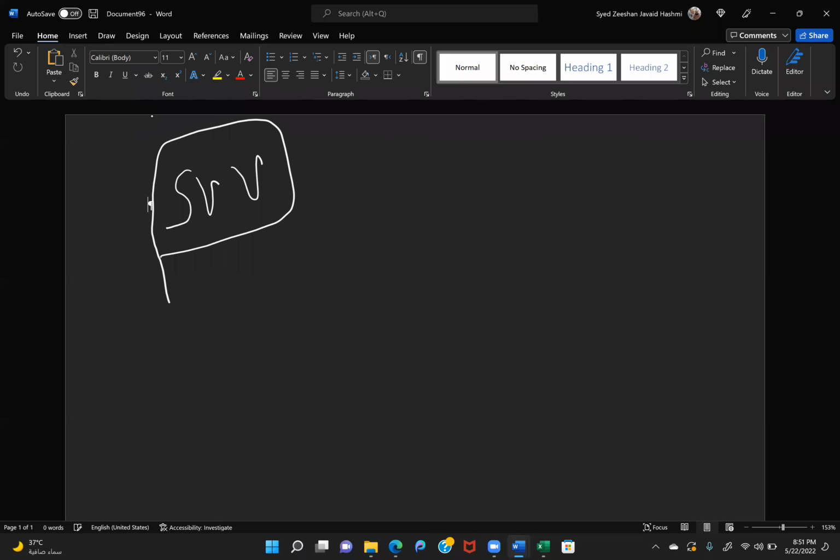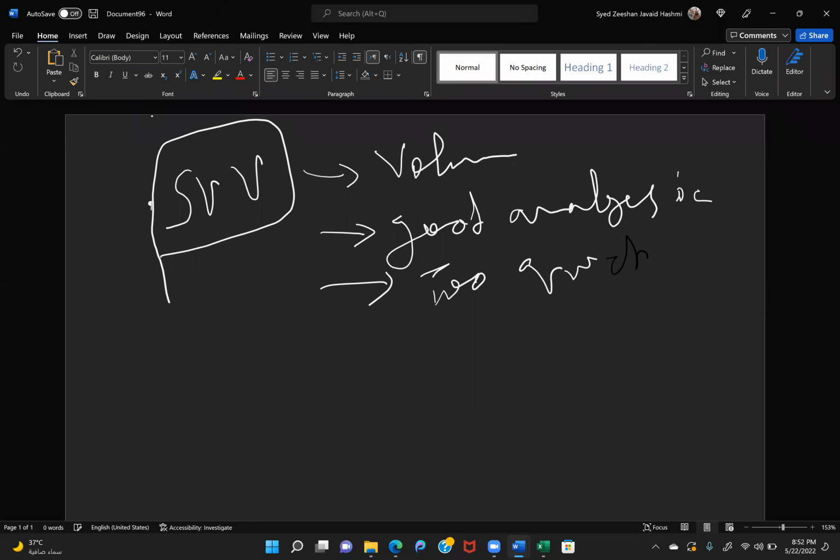So volume replacement is one of them, and good analgesia is one of them. And don't react too quickly, because if you are doing too many things together, there is a chance that this patient will go into hypotension. And what will be the problem if this patient goes into hypotension?